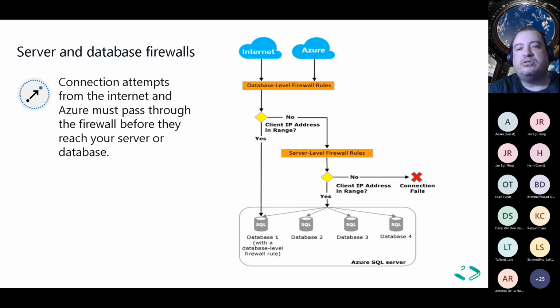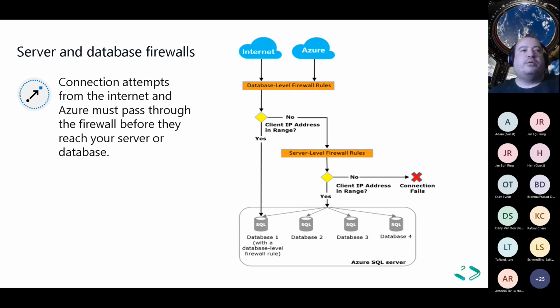If the user needs permission to only one single database, open the firewall rule for that user inside the database, not on the server level firewall, but inside the database that user will have access to. So you should control when to open the firewall rule at the database level and when to open the firewall rule on the server level firewall.